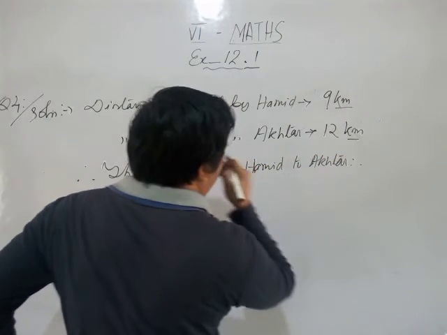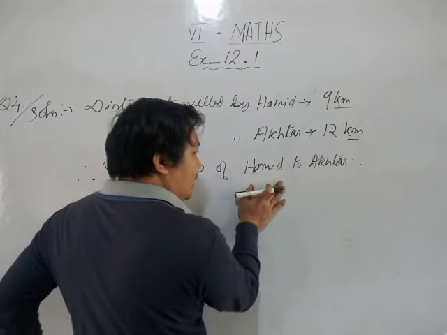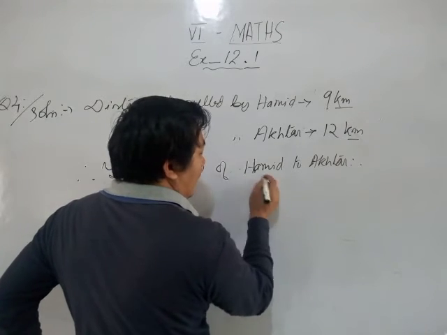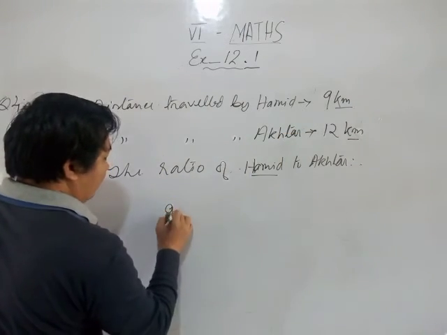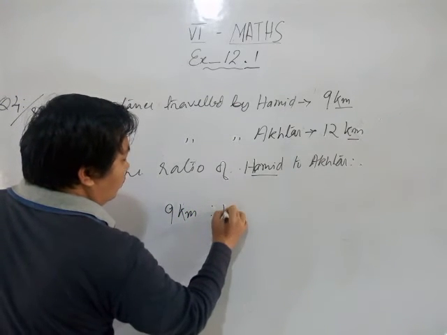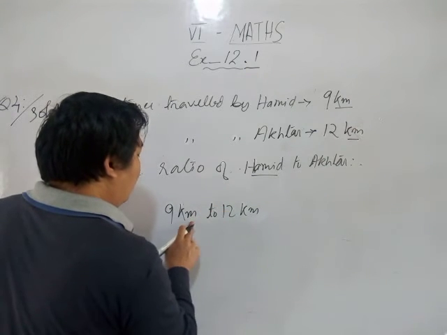We have to see whose value is to be written as the first term. Now Hamid comes first. What is the value of Hamid? 9, to Akhtar, 12 kilometers. Isn't it? We have to write 'to'.